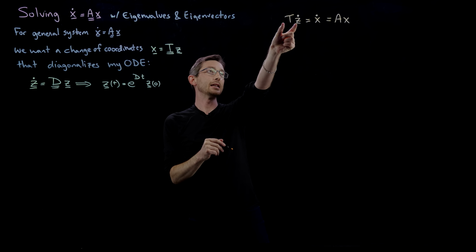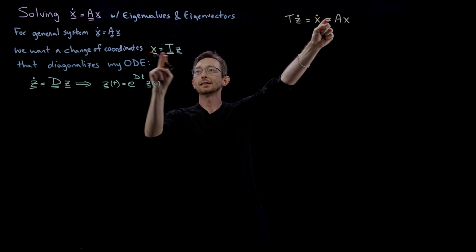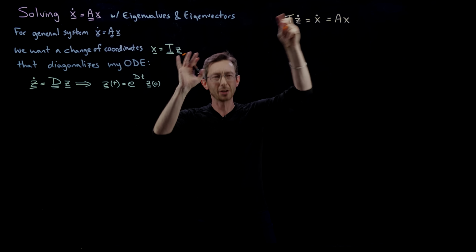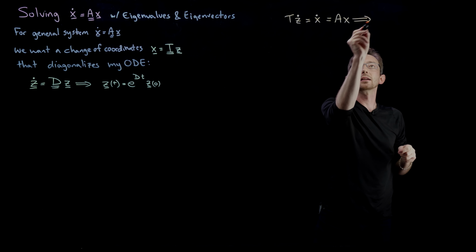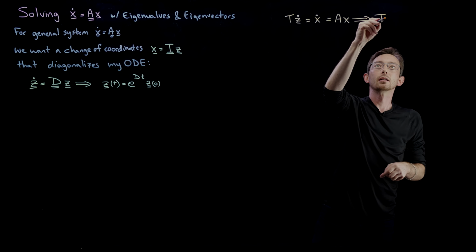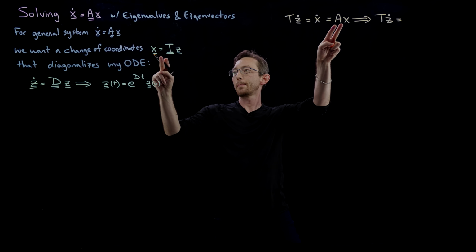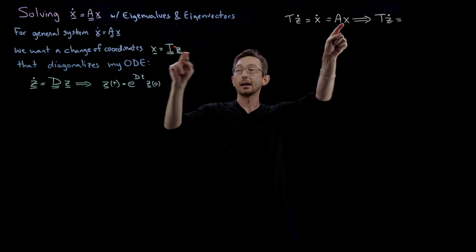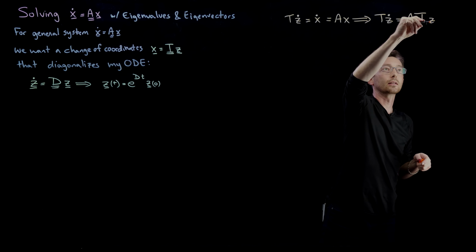That implies T z dot equals A x, and specifically x equals T z. So I can plug in, since I'm trying to get an equation for z: T z dot equals A times x, which is A times T times z.